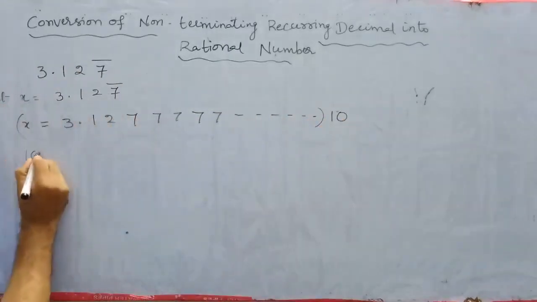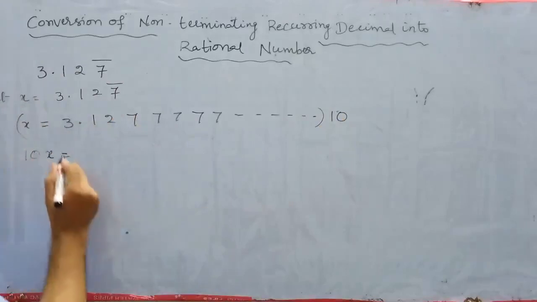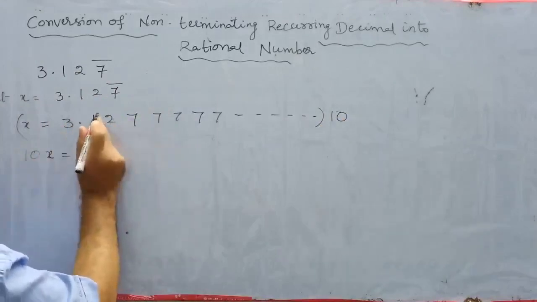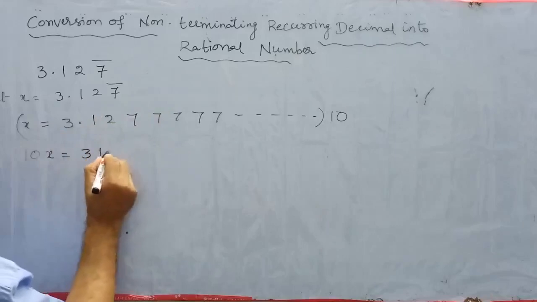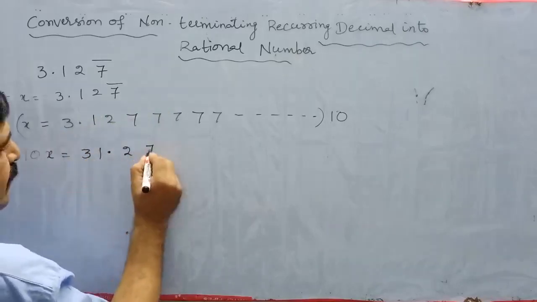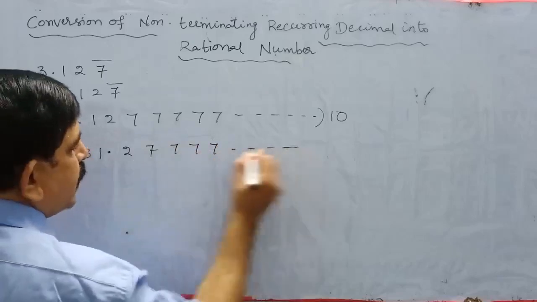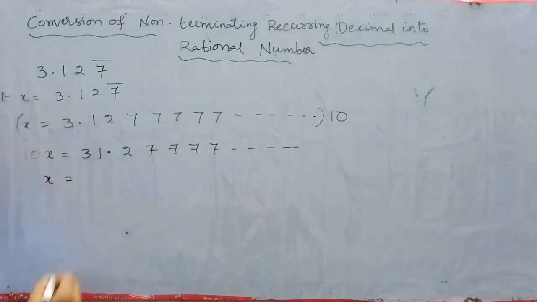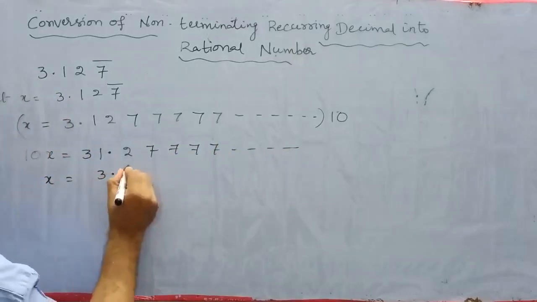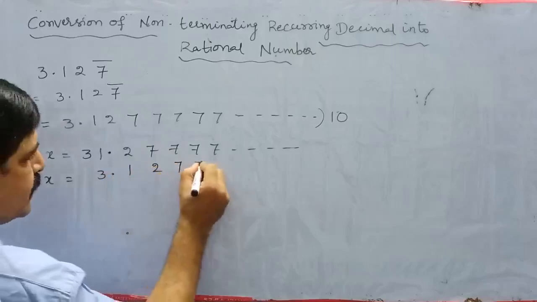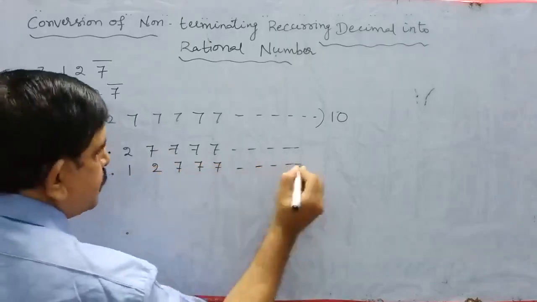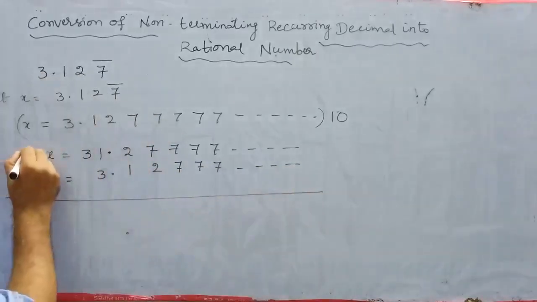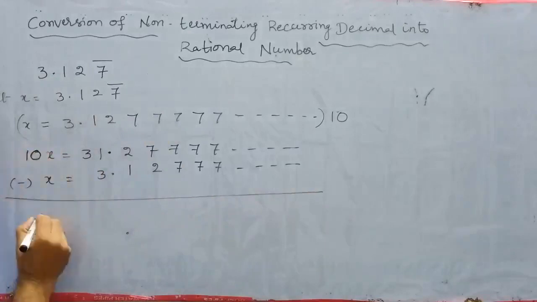Then 10x is equal to, the point moves to the right by 1 place, so it is 31.277777 and so on. Now write x here, x is equal to 3.12777 and so on. Subtract this.